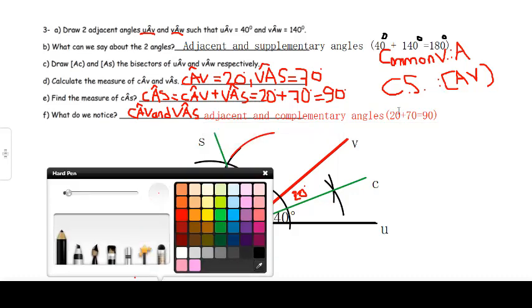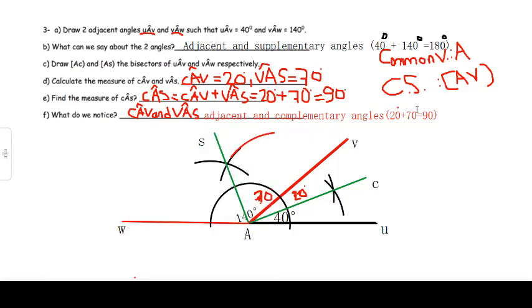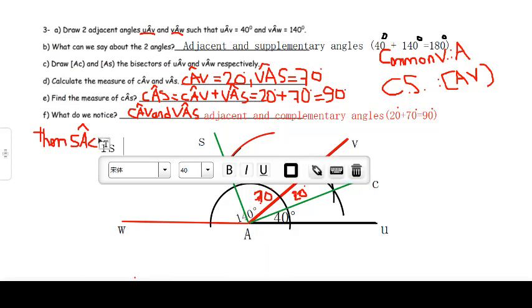Do you notice another thing? What can you say about angle SAC? We can say that SAC is a right angle.